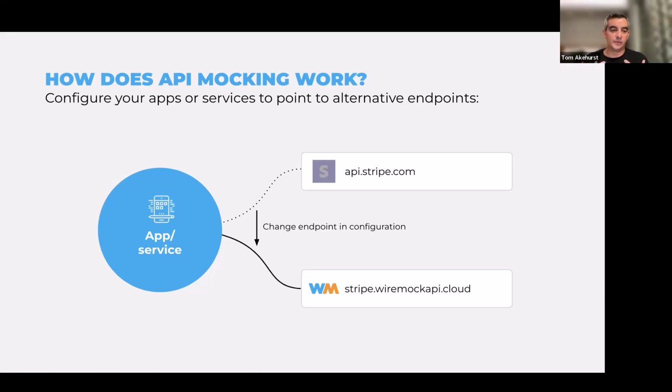The idea is our mock behaves the same or similarly enough that when our app's calling it, it doesn't know the difference. But it's sending the data to this new endpoint. You can also do it via forward proxying. There are some more advanced configurations, but this is by far the most common way of integrating your apps with mock APIs.